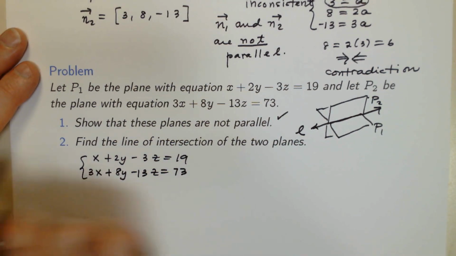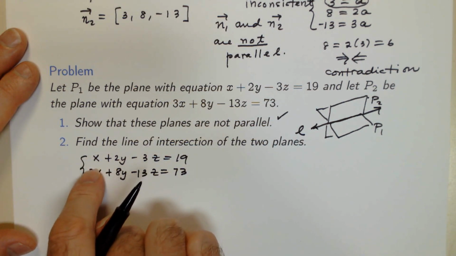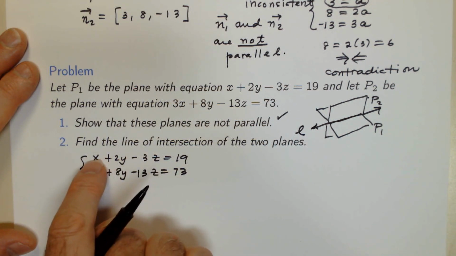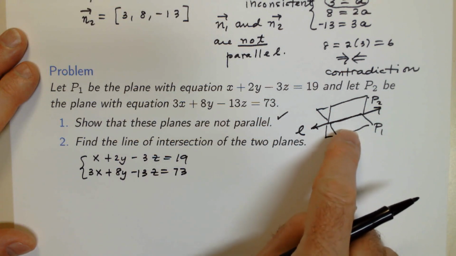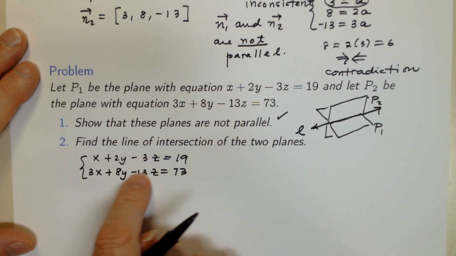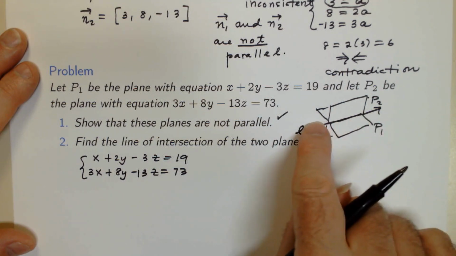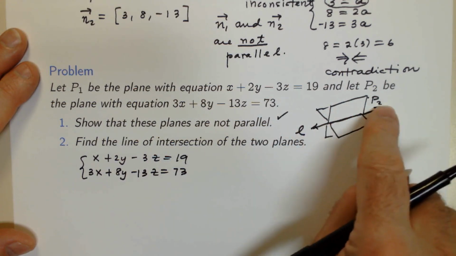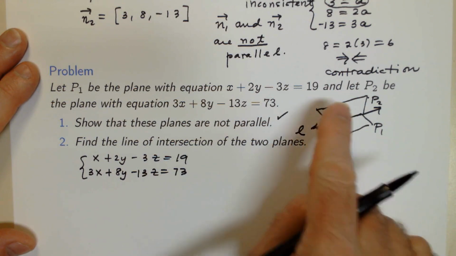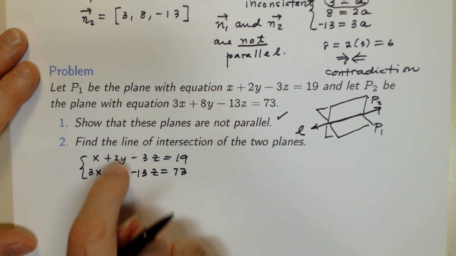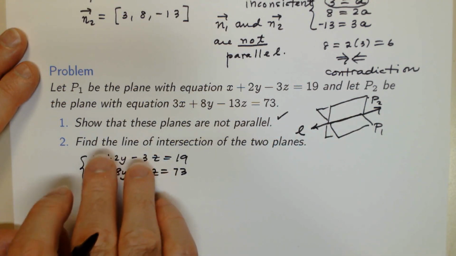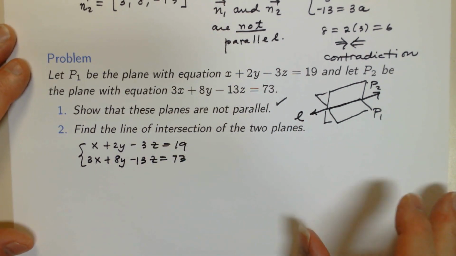What that means is we're looking for simultaneous solutions. We're looking for x, y's, and z's that satisfy this equation that puts you on plane 1 and this equation that puts you on plane 2. A point on the line is a point that's both on plane 1 and simultaneously on plane 2. So we're looking for simultaneous solutions to this system of equations.